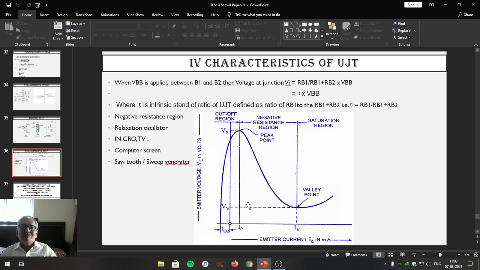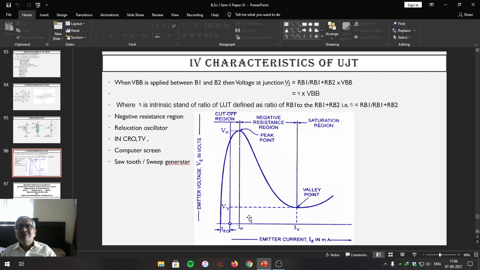Friends, we can say working of UJT changes from cutoff region to negative resistance region. In between that, it is going to reach a peak point. From negative resistance region, it changes to saturation region after passing the valley point. This IV characteristics of UJT explains the exact working of the unijunction transistor.